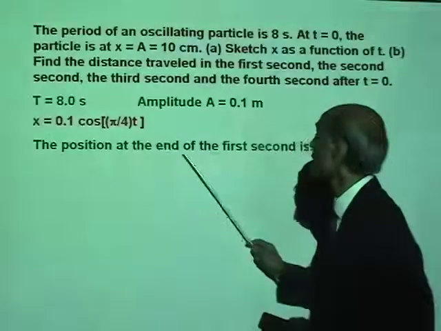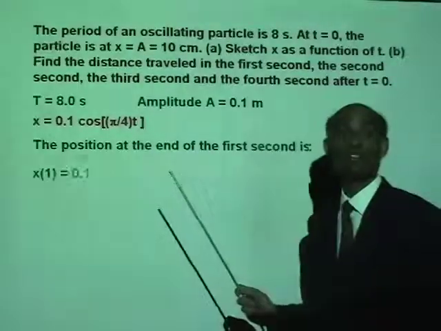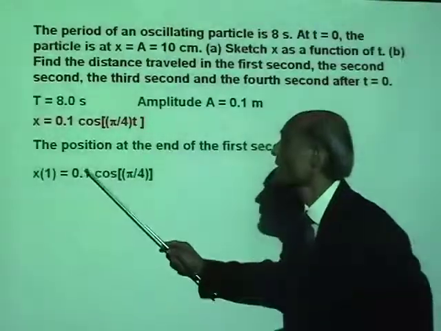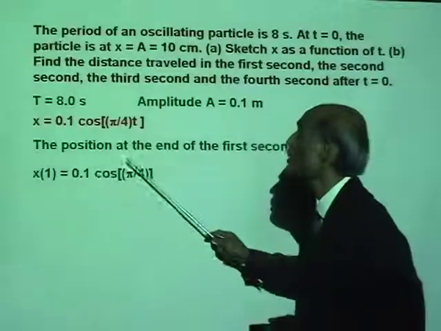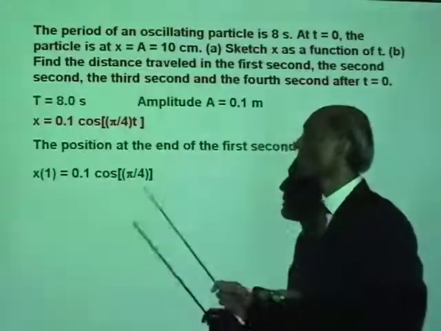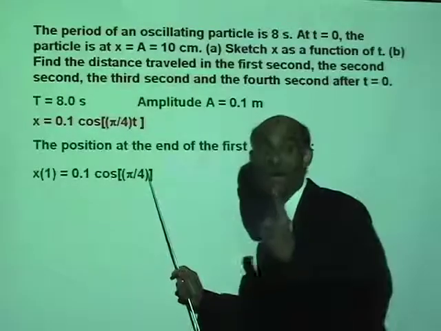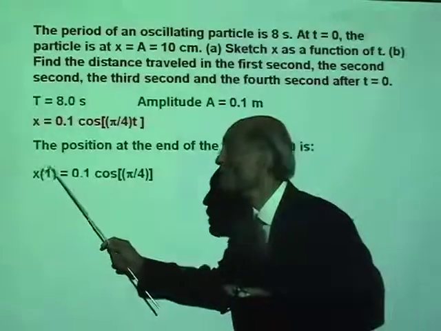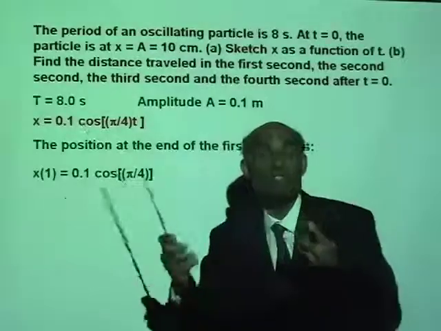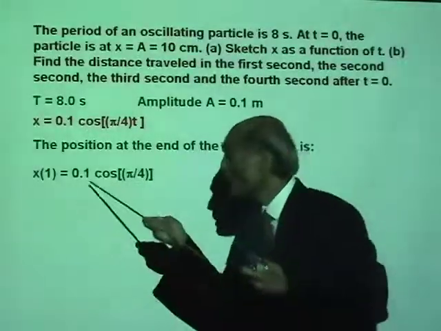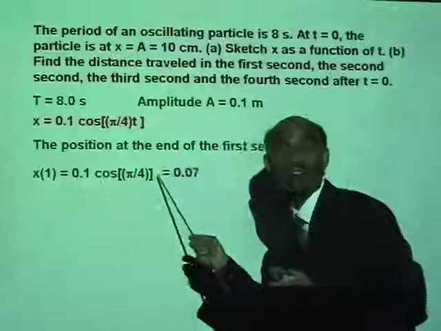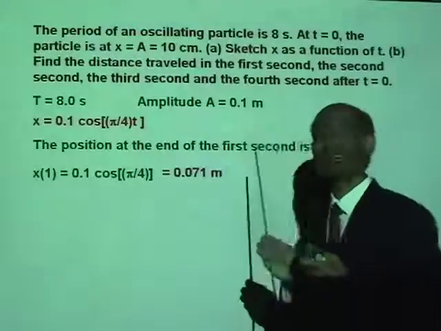The position at the end of the first second is x of 1 equals 0.1 cos pi by 4, because pi by 4 t is pi by 4 when t is 1. So at the end of 1 second, where is the oscillating object? The oscillating object is here, x equal to 0.071 meter.